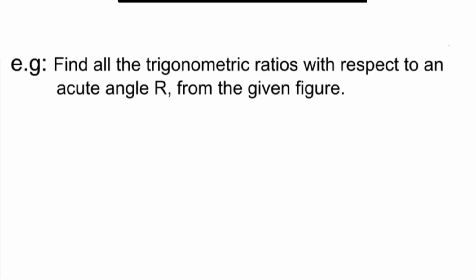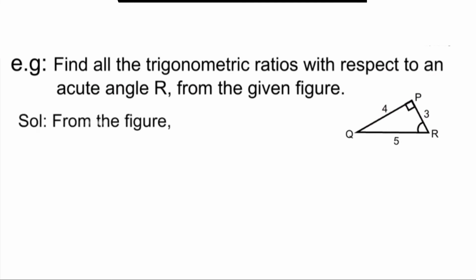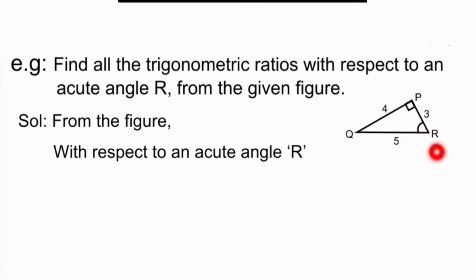Next, find all the trigonometric ratios with respect to an acute angle r from the given figure. So let us start. From the figure, with respect to an acute angle r, the hypotenuse is 5 since it is the side opposite to a right angle.